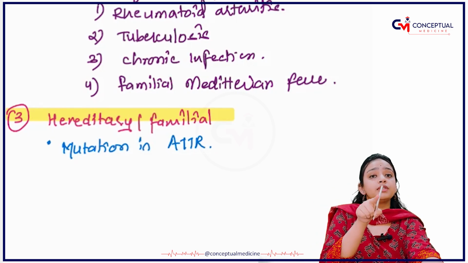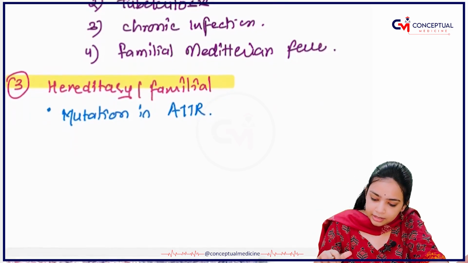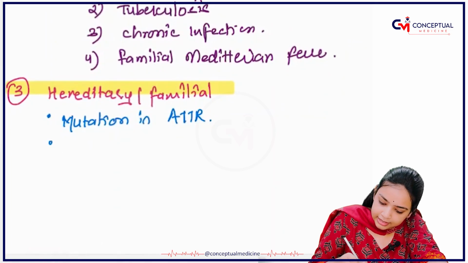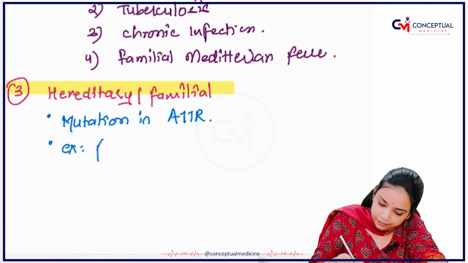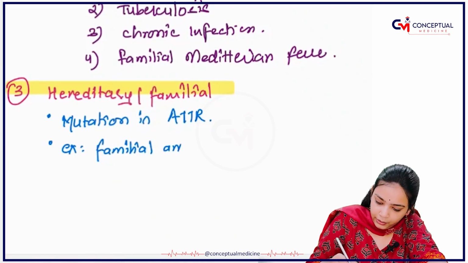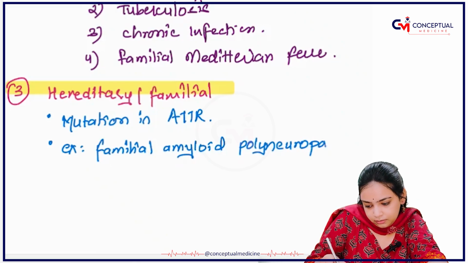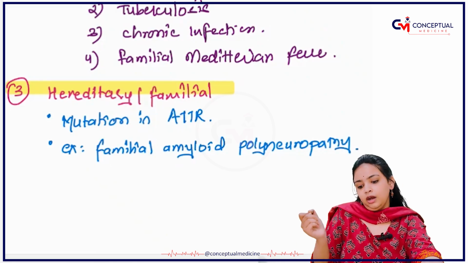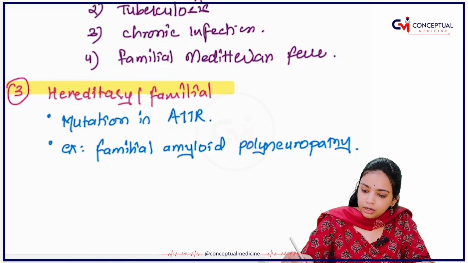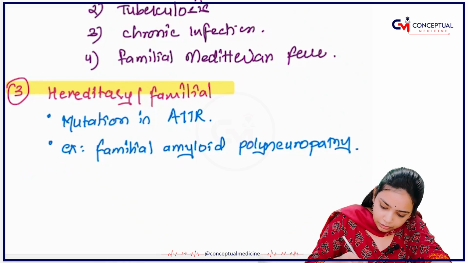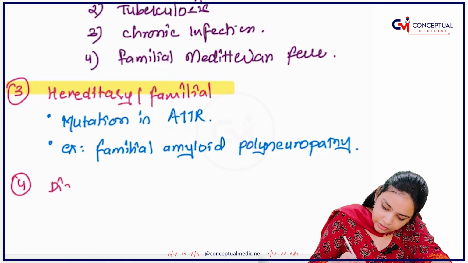In the secondary one, it was in the AA type, and here it is in the ATTR. An example is familial amyloid polyneuropathy.